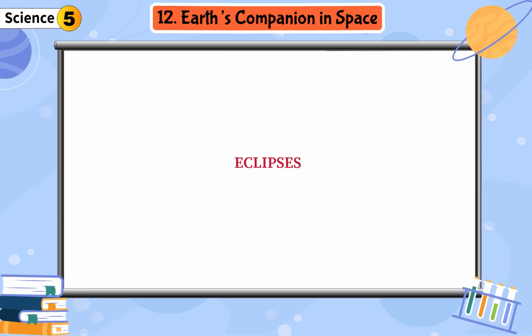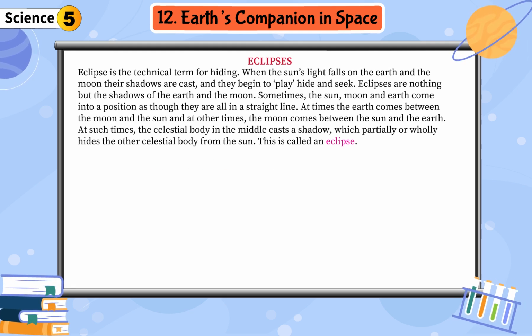glaciers. Eclipses. Eclipse is the technical term for hiding. When the sun's light falls on the Earth and the moon, their shadows are cast, and they begin to play hide and seek. Eclipses are nothing but the shadows of the Earth and the moon.